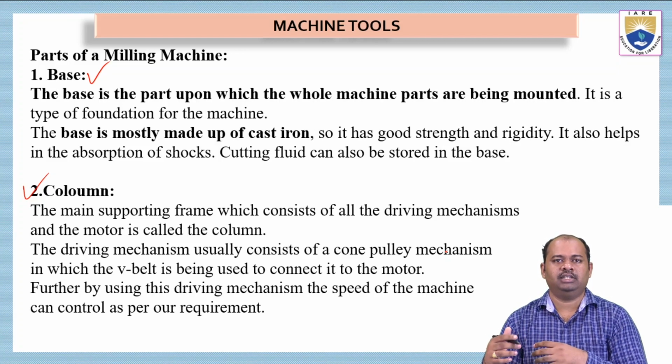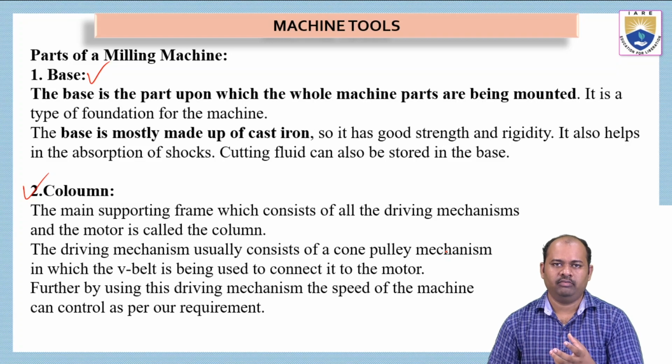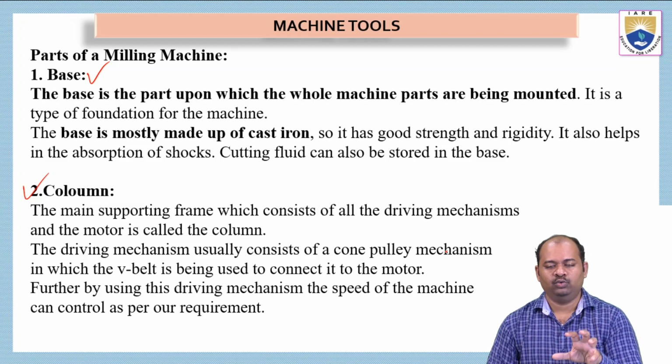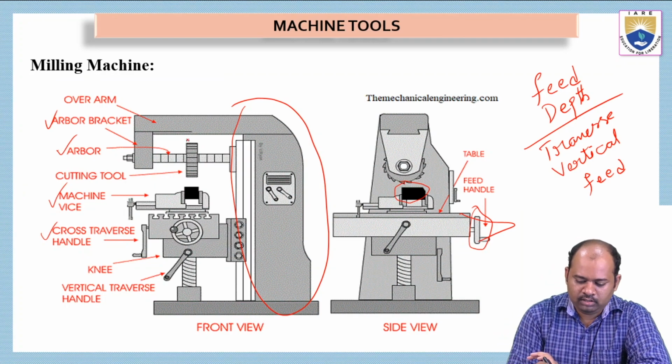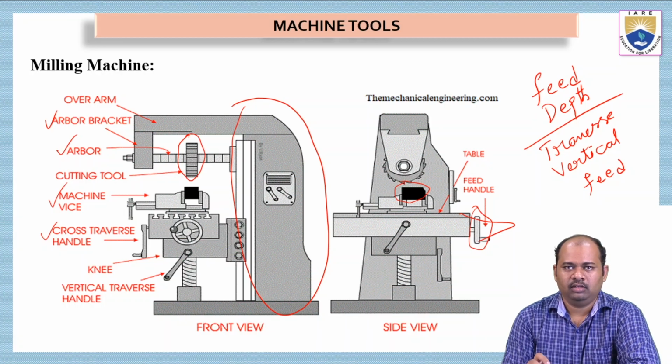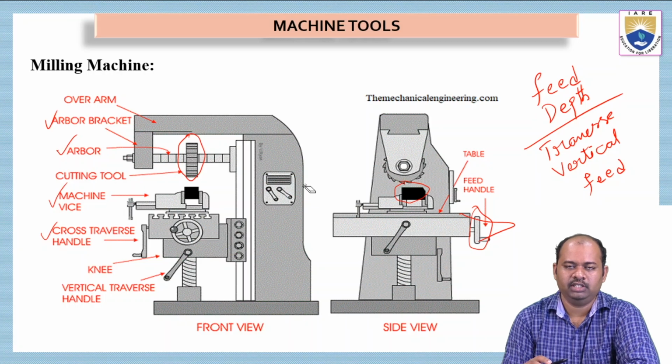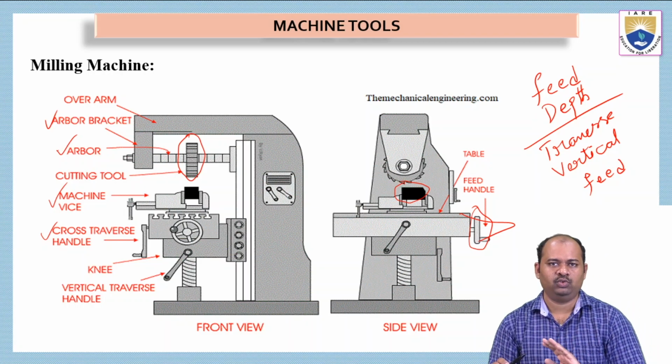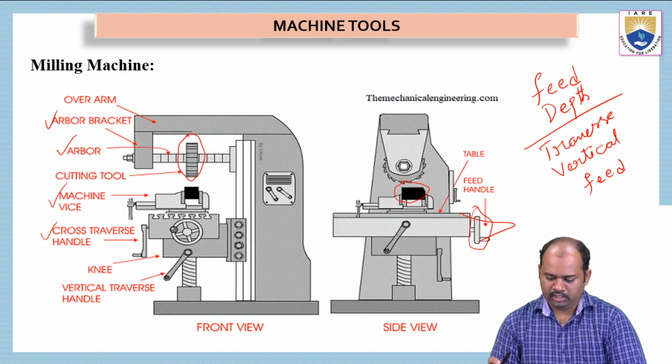The V belt is in turn attached to the motor, where the rotating motion is transported to the moving tool. See here in the picture, this is the tool. The tool will be moving in this machine, whereas in a lathe machine the workpiece will be moving. Here the workpiece is kept constant throughout the process.